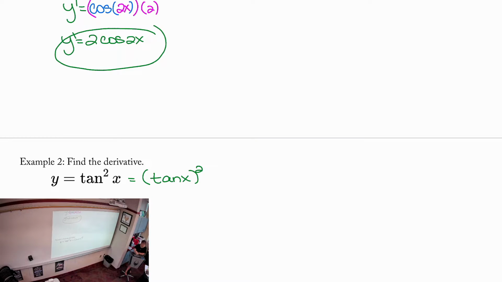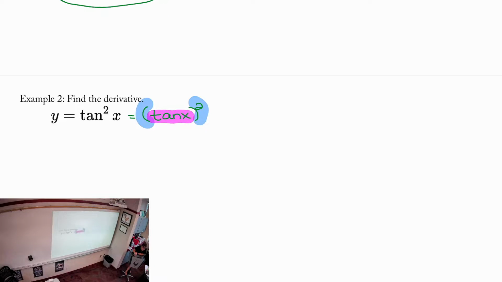So your outside function is something squared, and your inside is tangent of x. So your derivative is 2 times something to the first power. That something is tangent of x.